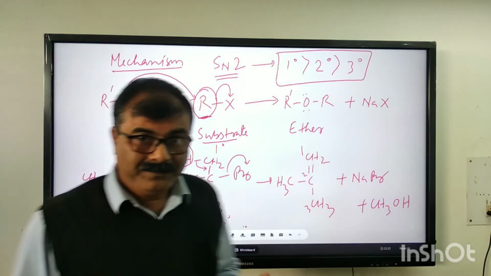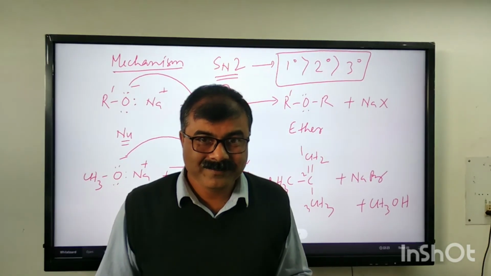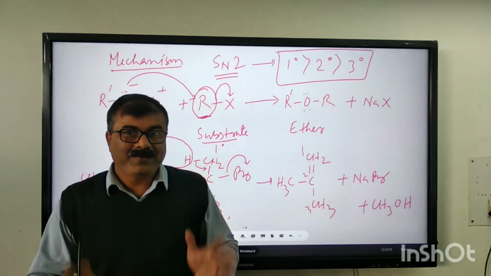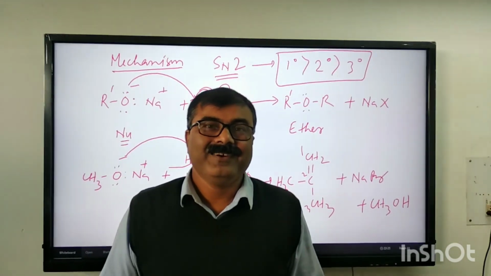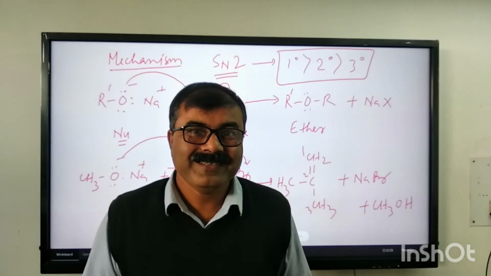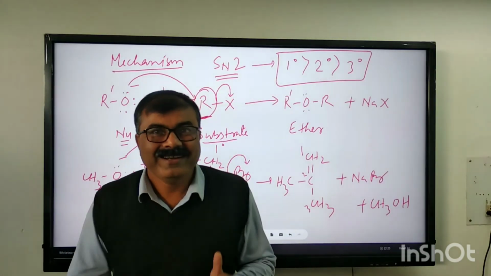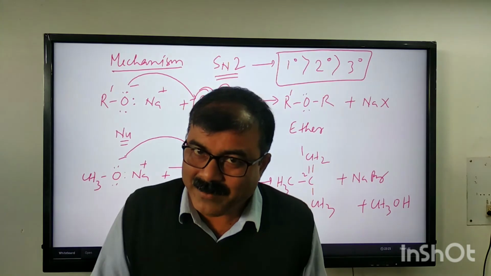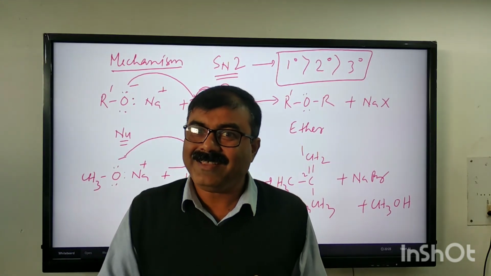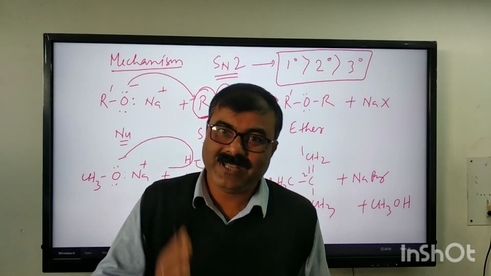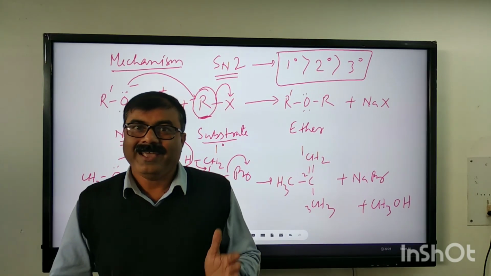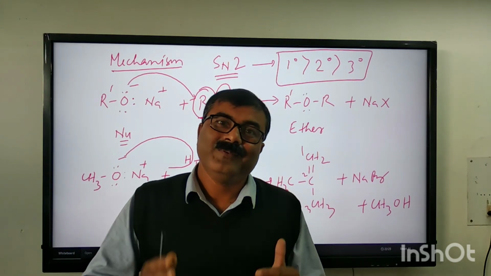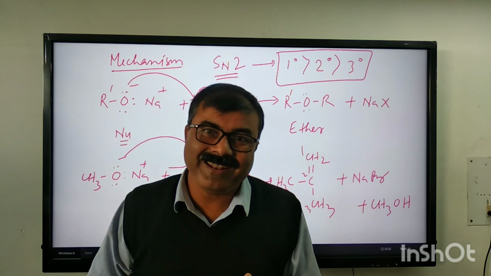Okay, my dear students? Have you understood? So what we have learned today? Williamson synthesis. What are the reactants? Reactants are alkyl halide, but the alkyl halide must be a primary alkyl halide. Alkyl halides are treated with sodium alkoxide to give ether, and we can prepare both symmetrical and unsymmetrical ether.